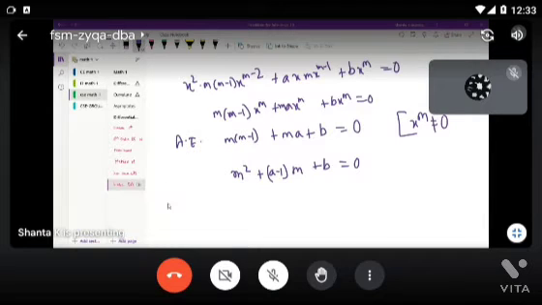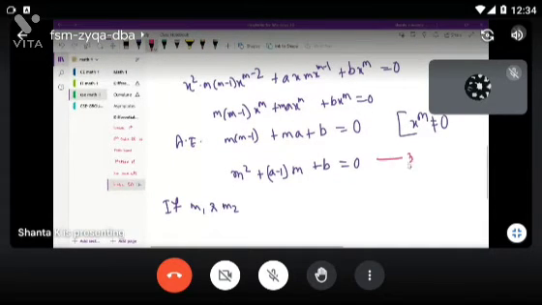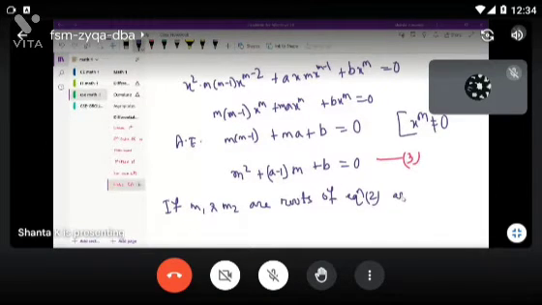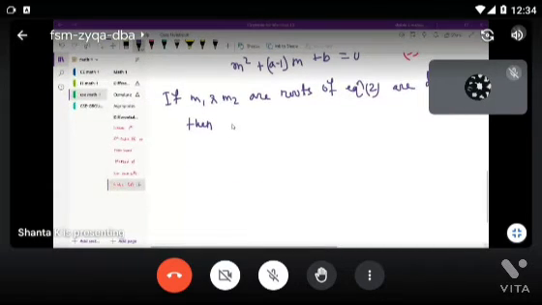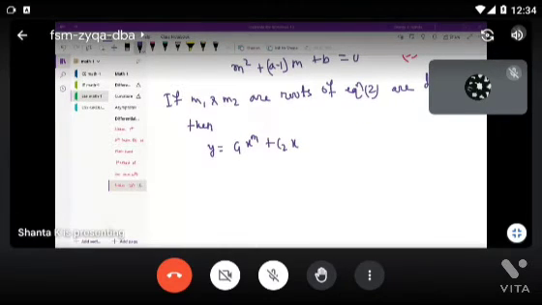Now, one option: if m1 and m2 are roots of equation 2, the characteristic equation or the auxiliary equation, and they are different, then the solution is y equals c1 x^m1 plus c2 x^m2.